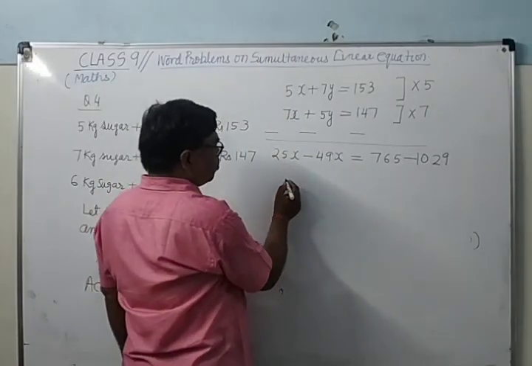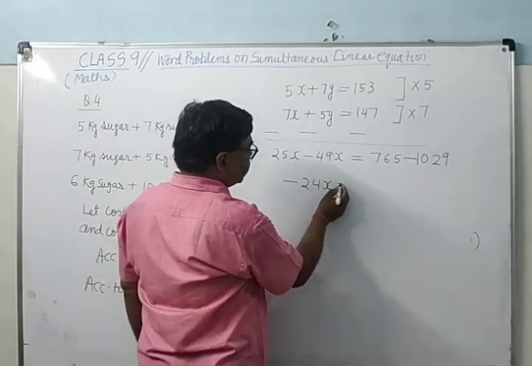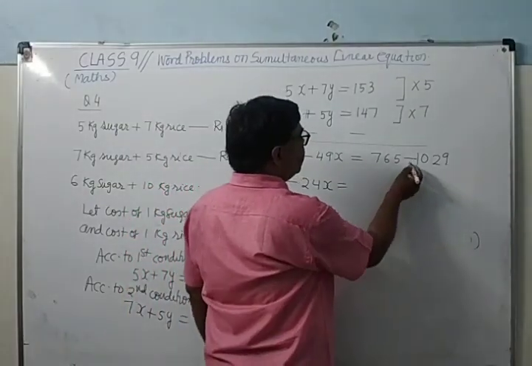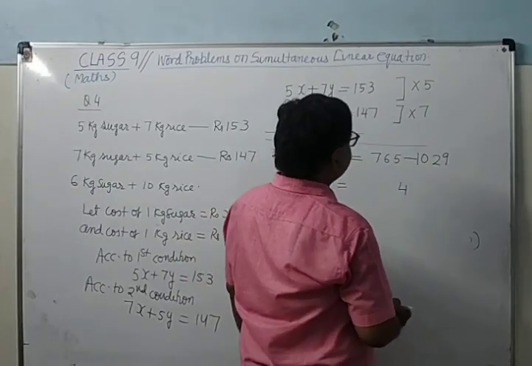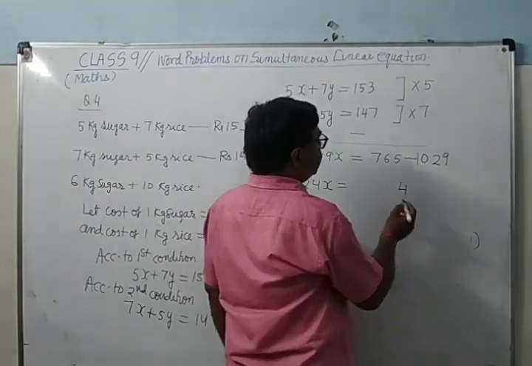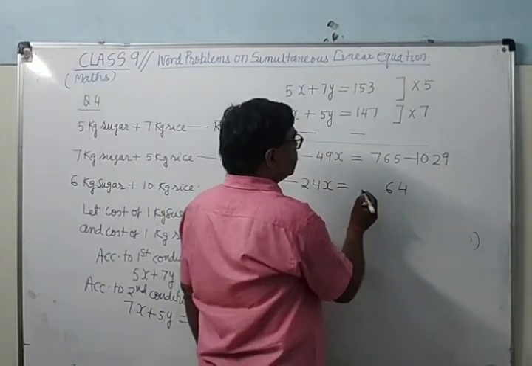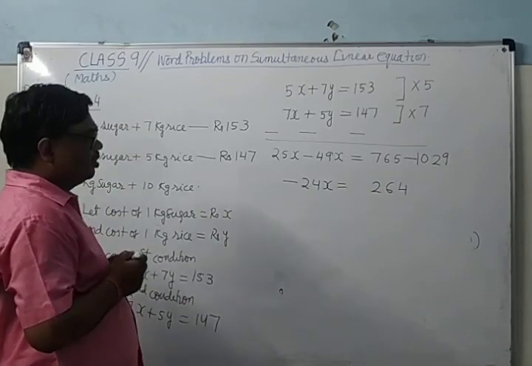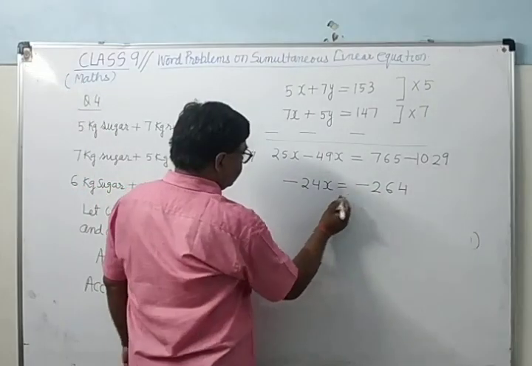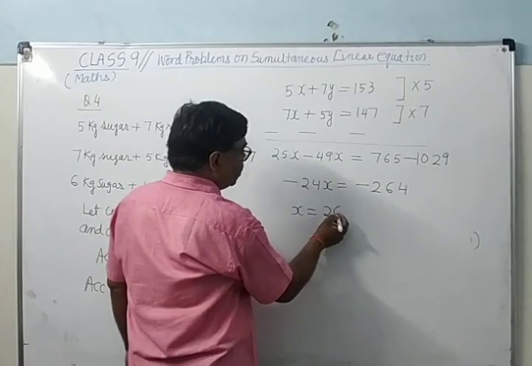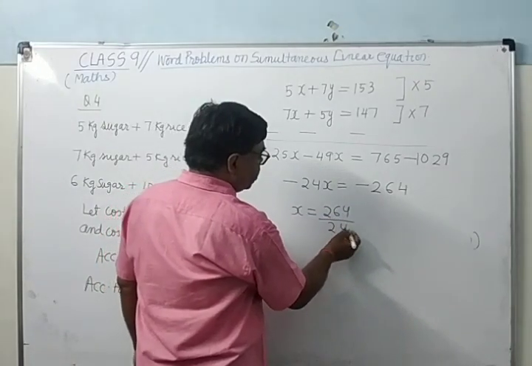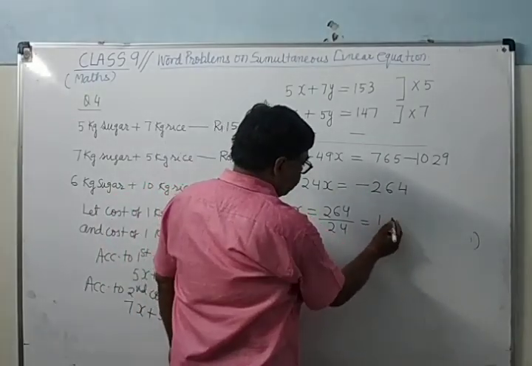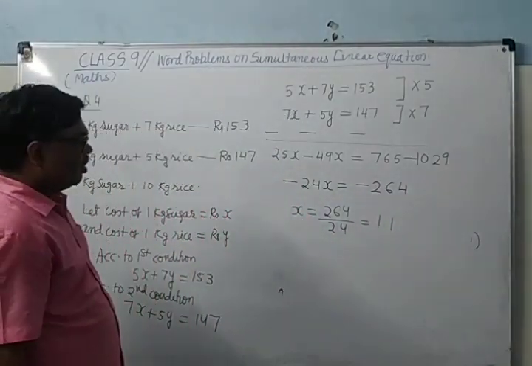So it will be equal to minus 24x equals minus 264. So what will be x? 264 upon 24. So it will be 12, not 11 perhaps. Yes, 11. It will be 11.